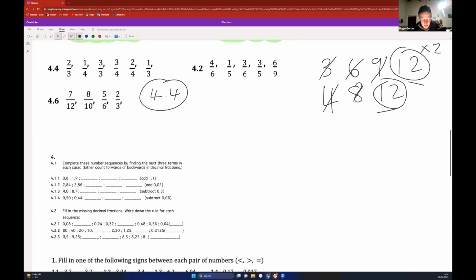Tell me, what do I need to do? Whatever I do at the bottom, I also need to do to the top. Do to the top. Well done. So I multiplied 3 by 4. And then I got 12. Now, what's going to happen if I multiply 2 by 4? I get 8.